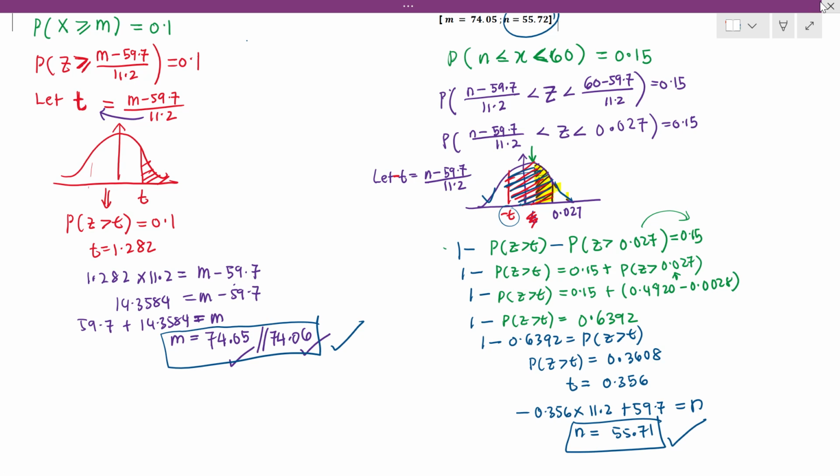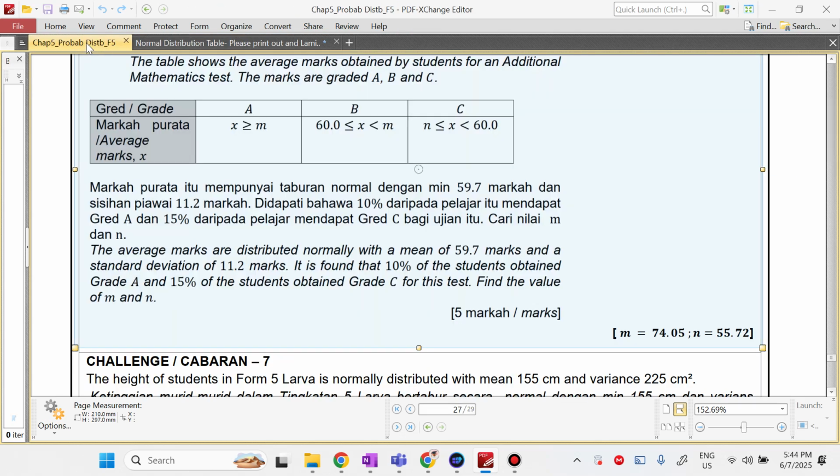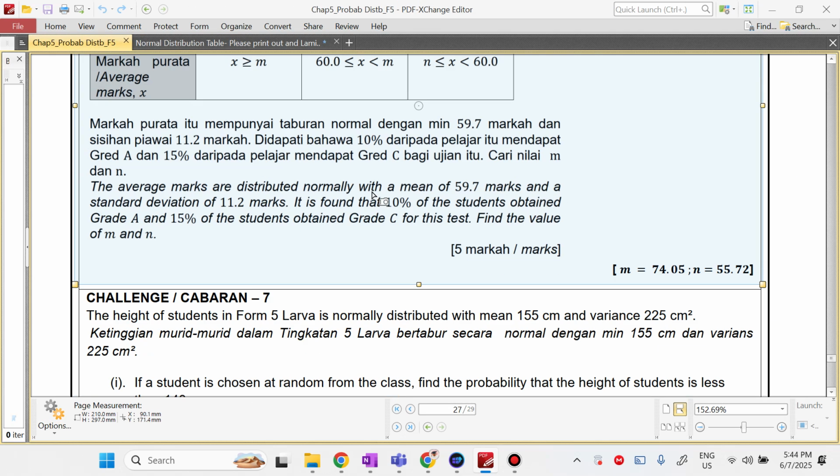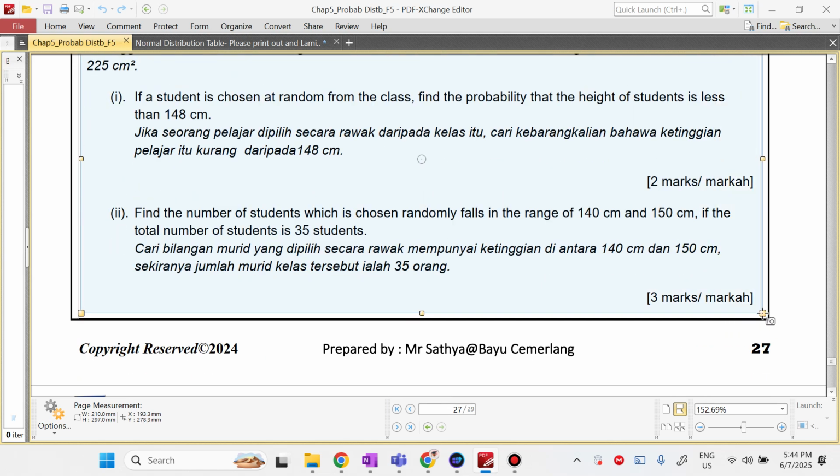Done, sir, done one, done two, done three. Okay, that's all the questions. 5-mark question, that's all. Okay, another 5-mark question. Let's do it. Challenge number 7.